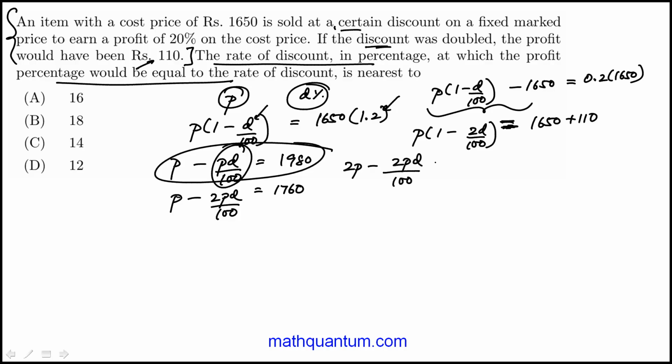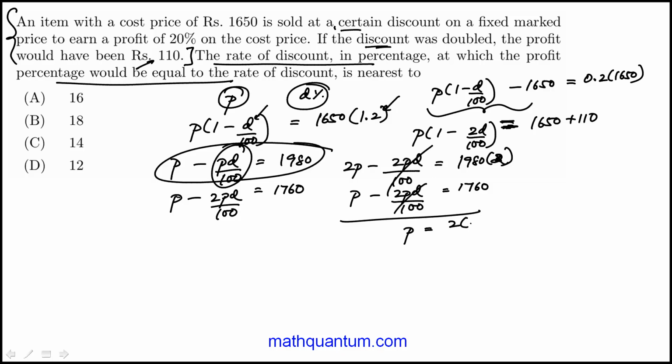I mean, you can certainly solve for both the variables, but our interest is in P. And then I subtract these two. So I get P equal to, because that term will drop out, 2 times 1980 minus 1760. And here I'm going to use a calculator. And I get 2200. So I know what the mark price is.